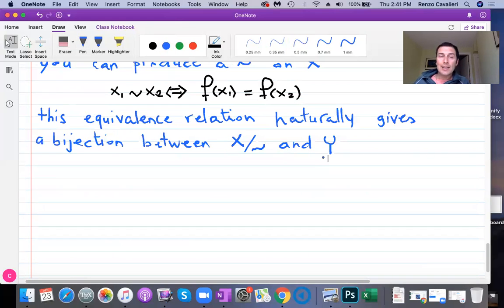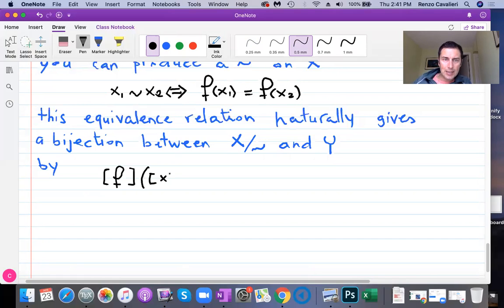So y is in a sense identified with the quotient set, and this bijection is given by the rule that we just talked about, f of the equivalence class of x is just equal to f of x.